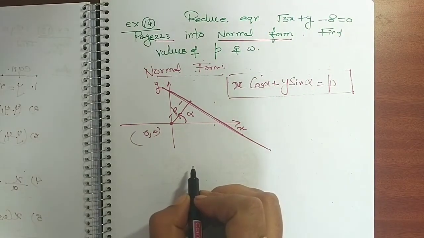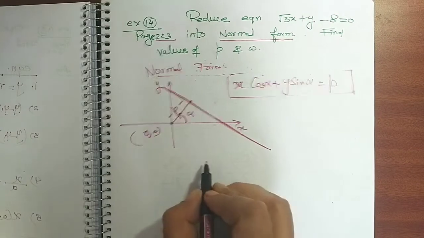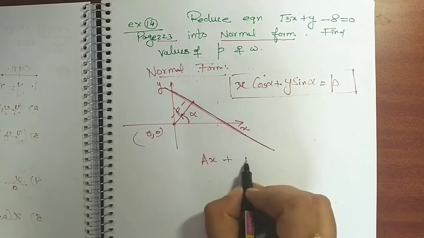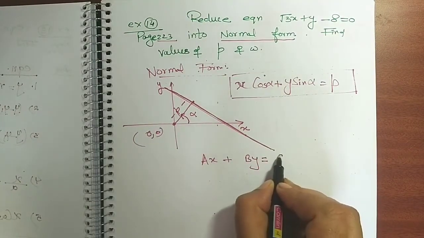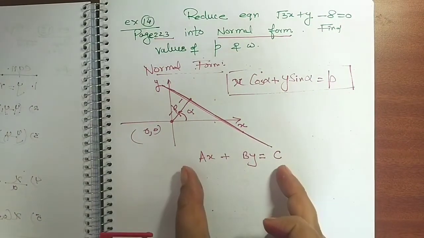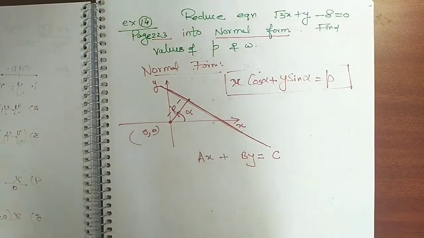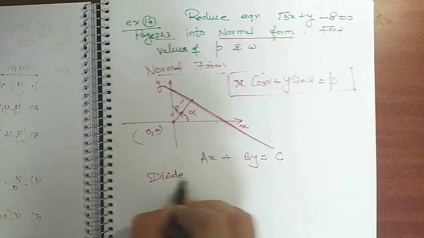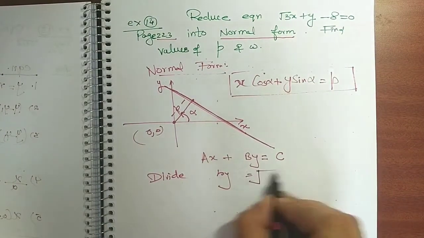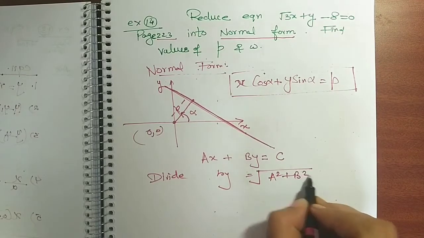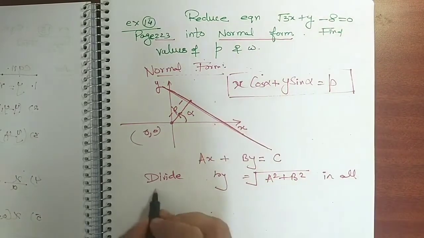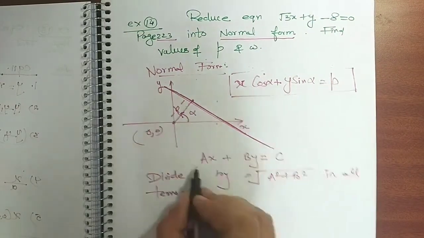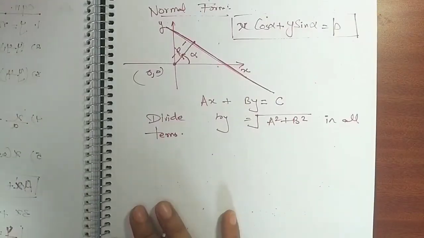So I will tell you one method to convert a general equation. Suppose this is ax plus by is equal to c. To convert this into normal form, what do we do? Divide by root of a square plus b square in all terms, this whole equation.